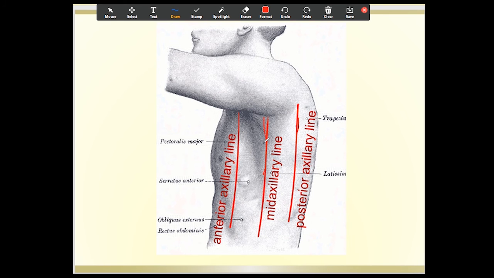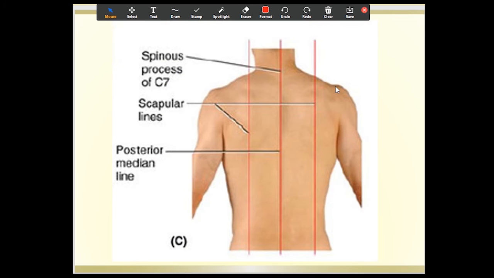We make so many lines so that when we check, we can go to a specific area. We can also record where we find something, and everybody reading your record will immediately know where it is.